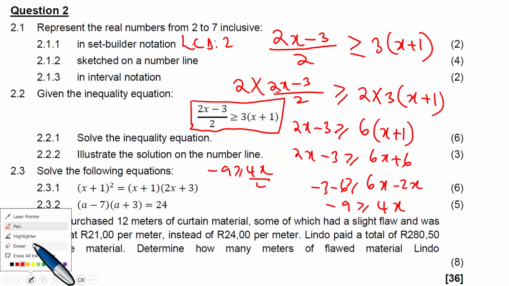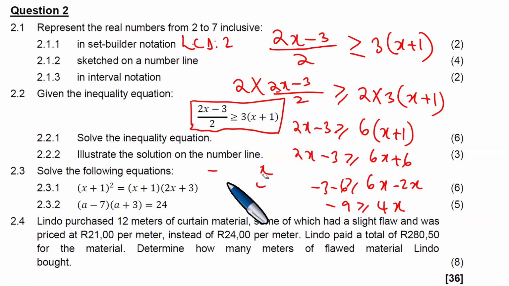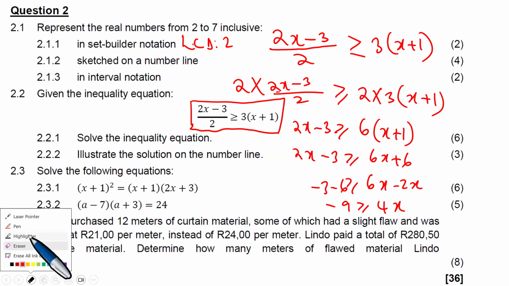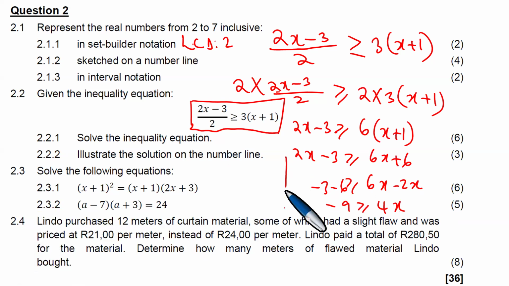Now, what do we do here? If you have, for example, 4x is less or equal to minus 9, how do you solve this? I'm just giving you a chance to explore.